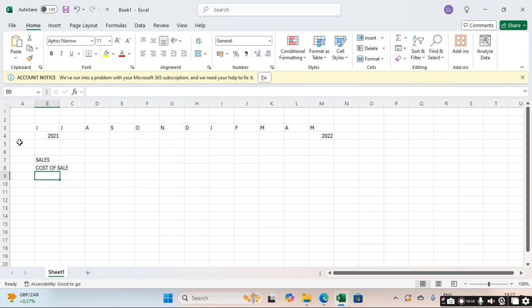periodic, so there's two different types of income statement. So we have the periodic and we also have the perpetual. When you're doing the periodic, you have to calculate your cost of sales, and perpetual cost of sales is already given.